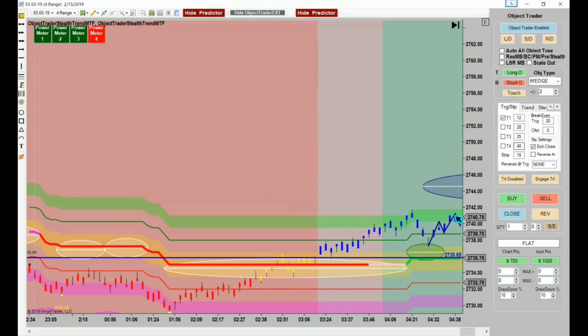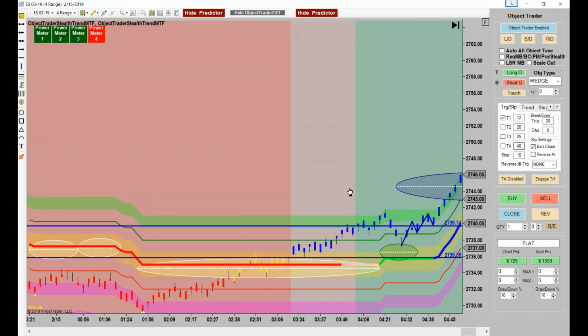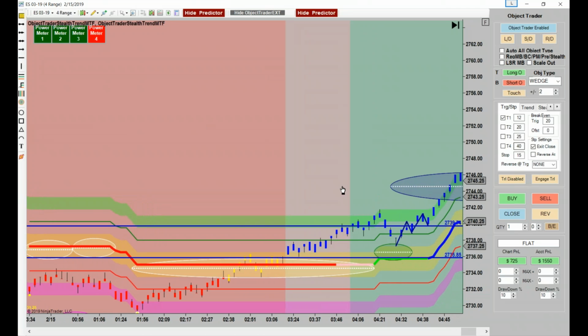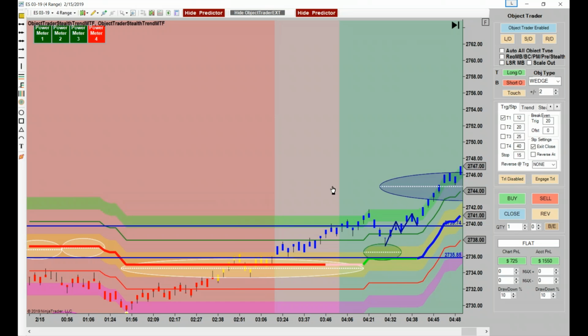Now if this takes this out, like so, that's my new low on what we call the micro trend. Okay, all right, let's watch it. Candle down, right? Candle up, candle up. So how would it draw? It would draw like this.